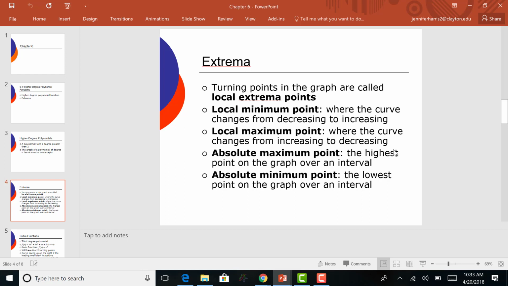What are the extreme points? The tops and the bottoms. Look for the mountain tops and the valleys. How many do you see? 2. Those are your extreme points. So if they say, what's the minimum point? You're going to tell me this one. If they say, what's the maximum point? You're going to tell me this one.